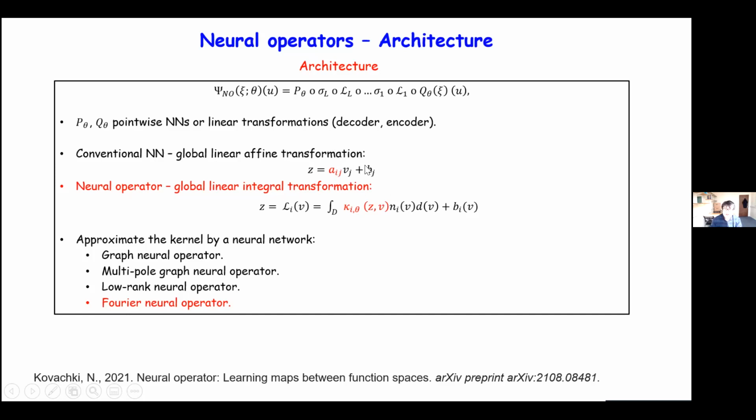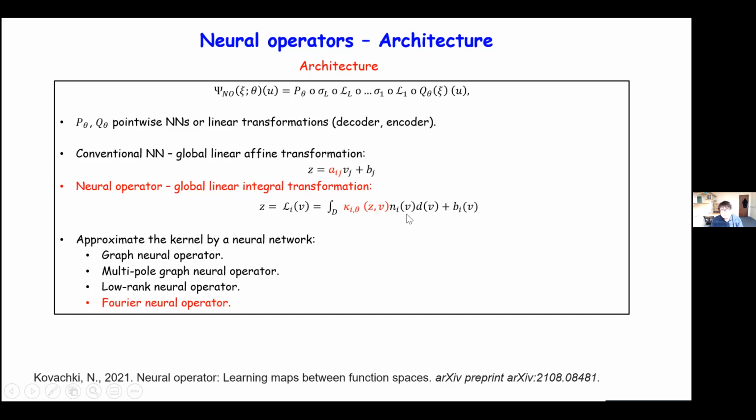This is very simple. What we have been trying to do is expand into a more general case. Rather than doing this matrix multiplication, we can replace it by an integral transform with some kernel ki parameterized by theta.